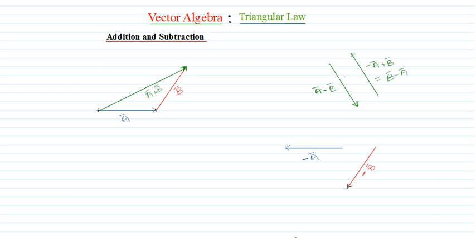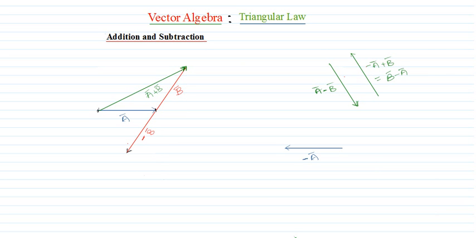Now subtraction, when we talk about subtraction here, since two vectors are there, I can get either vector a minus vector b, or I can get vector b minus vector a. First let us understand how to get vector a minus vector b. To get vector a minus vector b, we have to project b vector down in such a way that the magnitude of the line remains the same and the direction will be opposite.